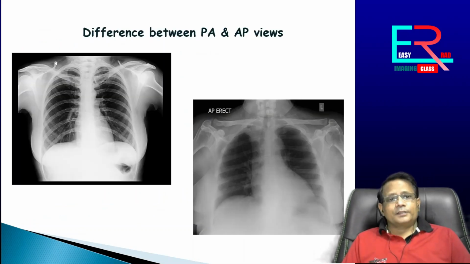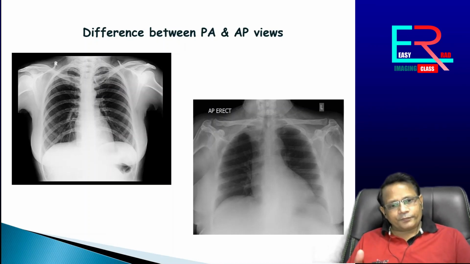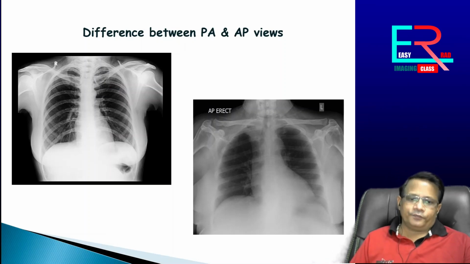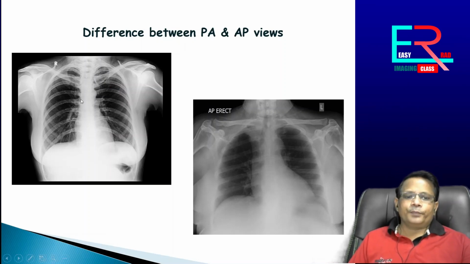What are the differences between the PA and AP views? There are some differentiating points, with the help of which we can differentiate the PA from the AP. You will find in the PA view obliquely placed clavicles and rounded ribs on both sides. See, rounded ribs on both sides.